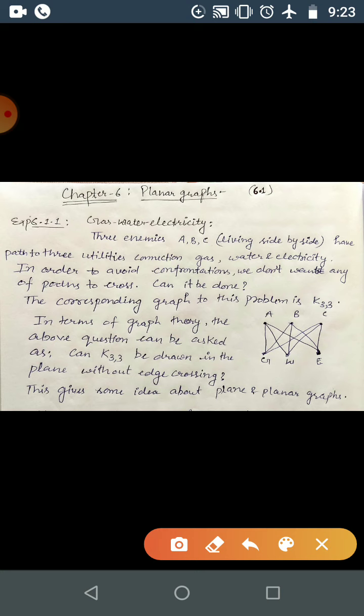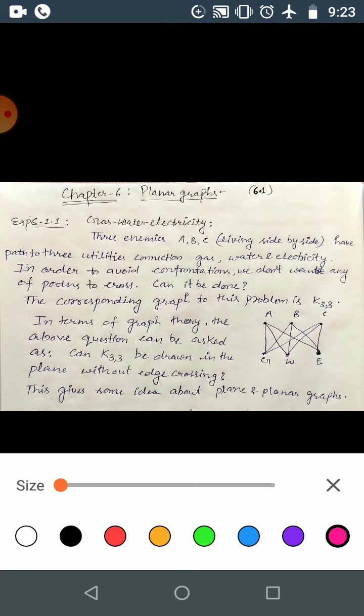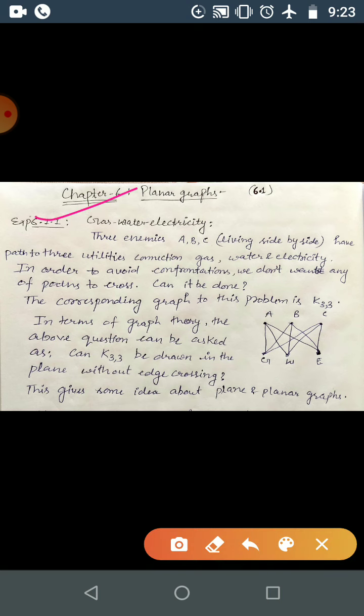That is the gas, water, electricity problem. The problem is like this. Three enemies A, B, C are living side by side, and have connections to three utilities: a gas connection, a water connection and an electricity connection.